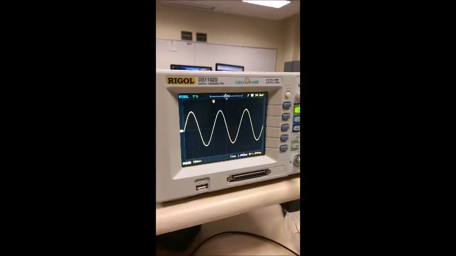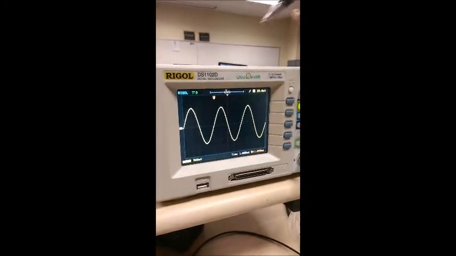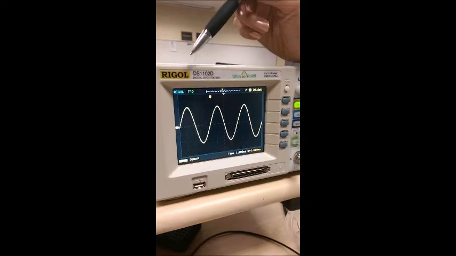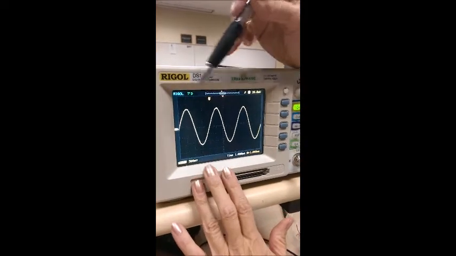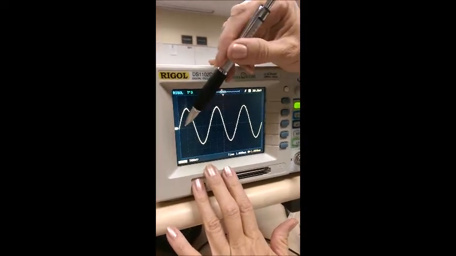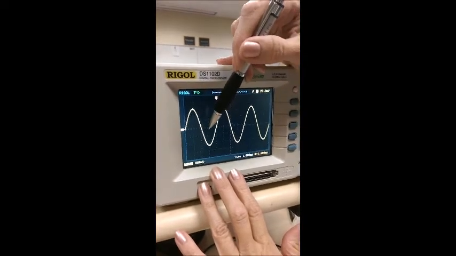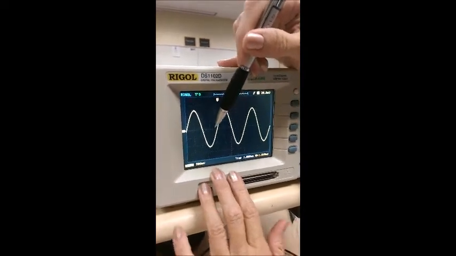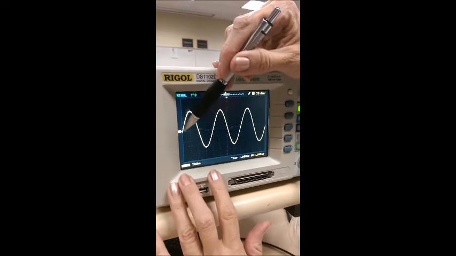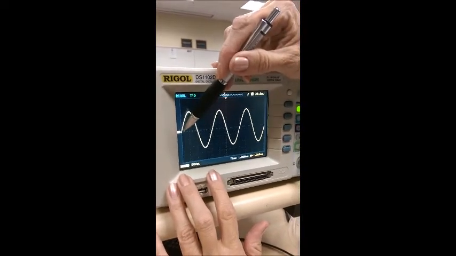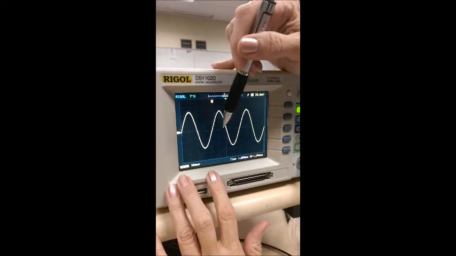We are going to be discussing how to calculate using the old school method on our oscilloscope. Now, if you can see the squares or the divisions that are on the oscilloscope, what we're looking at first is the length of time that it takes to make one cycle.